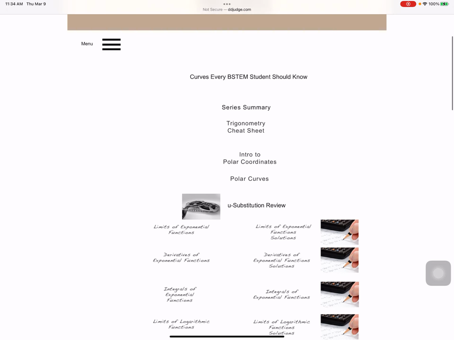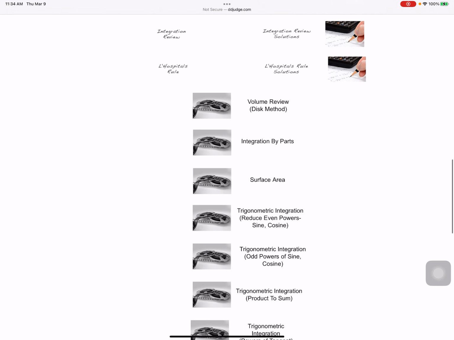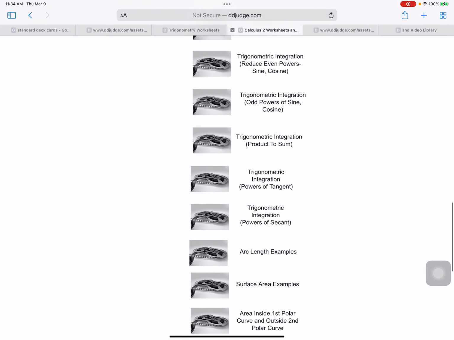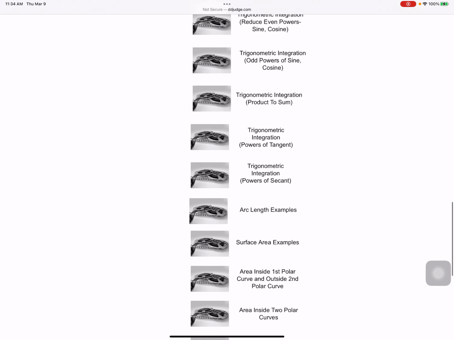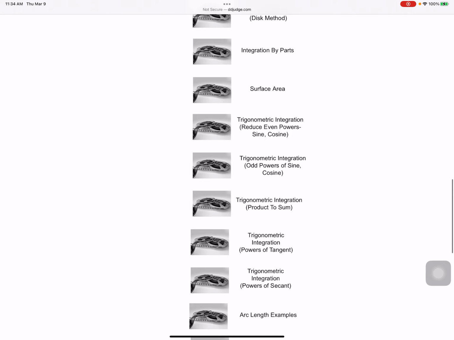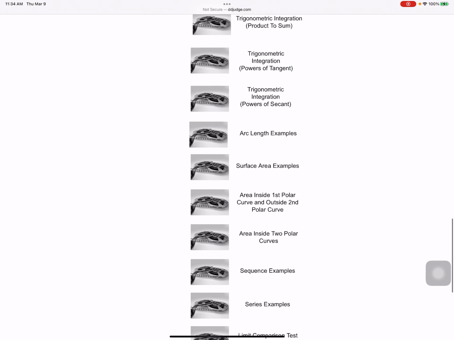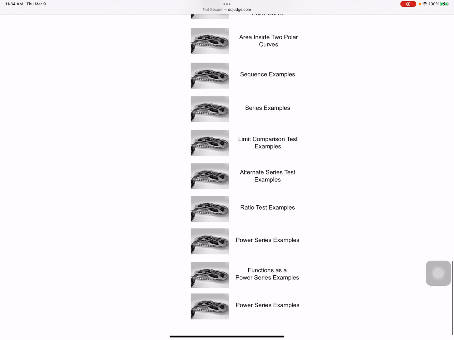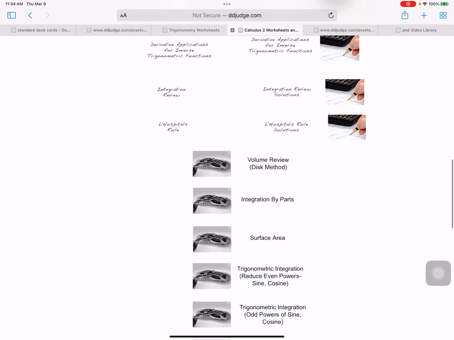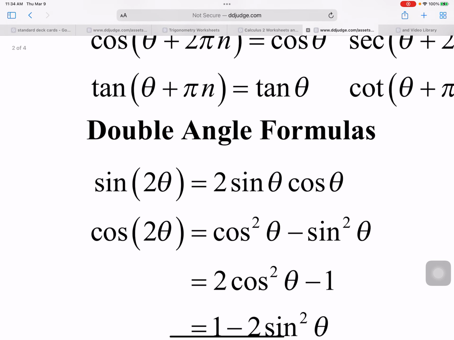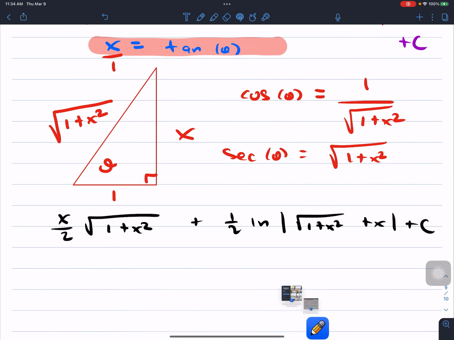Calculus 2 worksheets and videos. Oh, where's our trig substitution? Anyway. All right, I thought I had some more examples for trig sub. Maybe I don't. I'll have to check my resources.